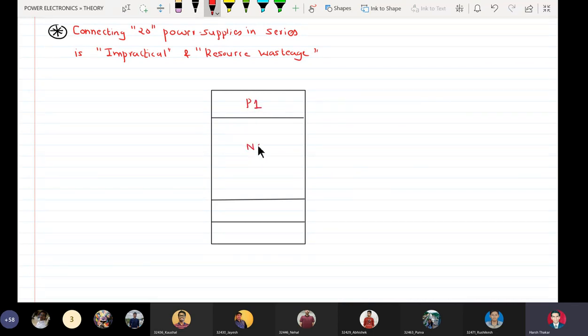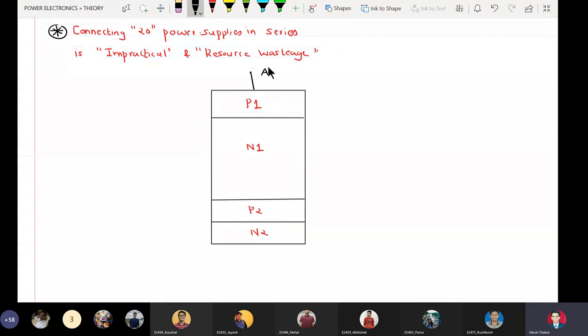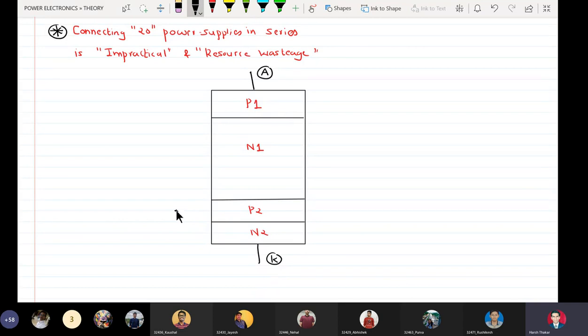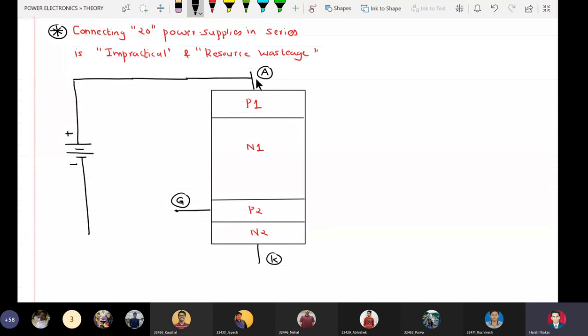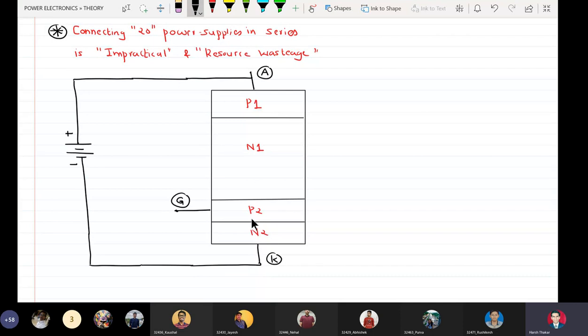P1, N1, P2, N2. Anode, cathode, gate. Same setup. We have the battery, positive plate, negative plate. Positive plate connected to anode, negative plate connected to cathode. So we have plus here, minus here.